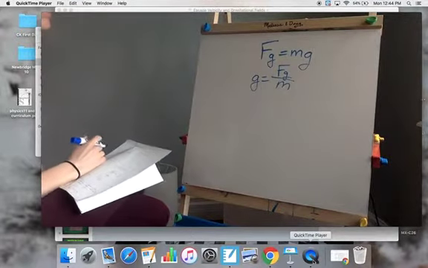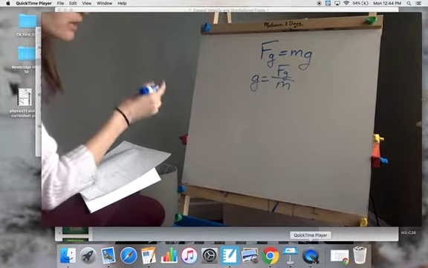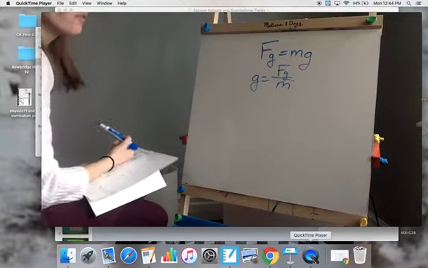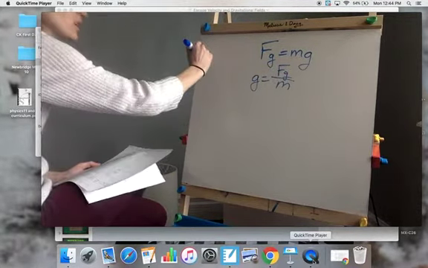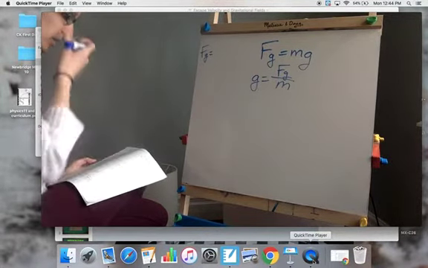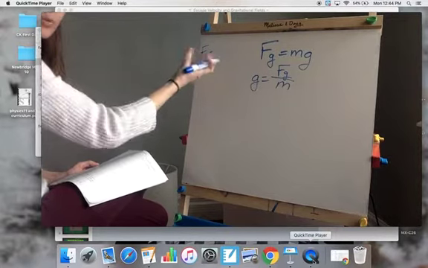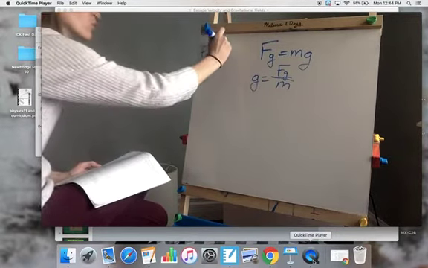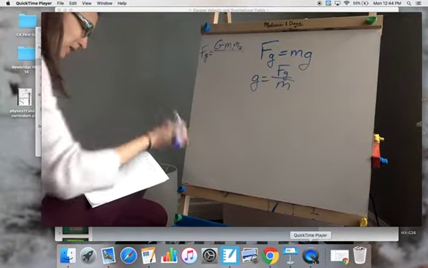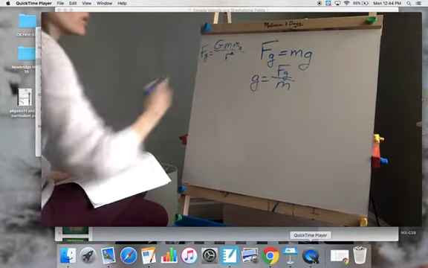In our work on universal gravitation, we have a different definition for Fg. We've seen that the gravitational force can be defined as the force between two objects, where it's the universal gravitational constant G multiplied by the two masses divided by the distance between them squared.